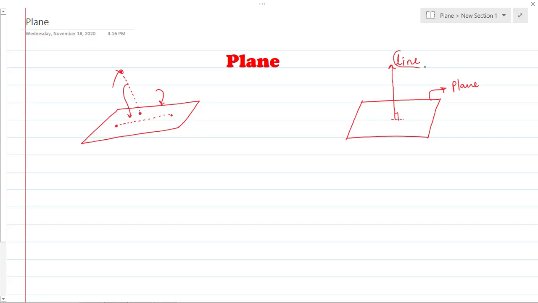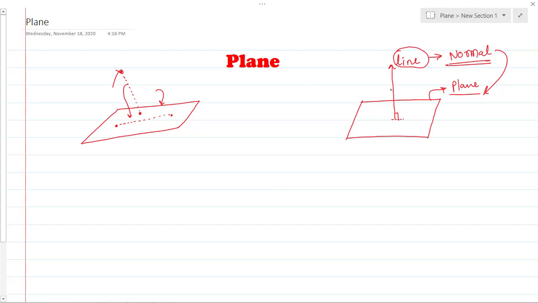Any object perpendicular to the plane is known as the normal. I hope you remember this: normal is anything which is perpendicular. This line is perpendicular to this plane, so this line is known as the normal of this plane. Can you tell me how many normals we can draw to the given plane?